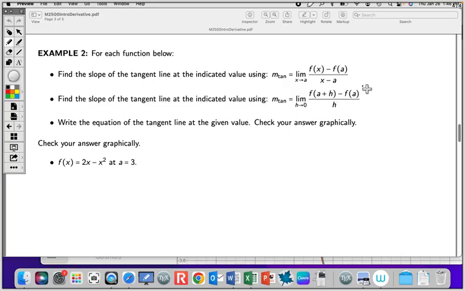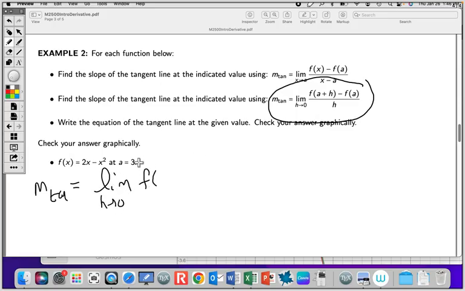If we wanted to get the slope of the tangent line using this other method, once again, we'll get it set up, and then I'll have you work through the details. This would be the limit as h goes to 0 of f of a plus h, so 3 plus h, minus f of a, f of 3 divided by h.